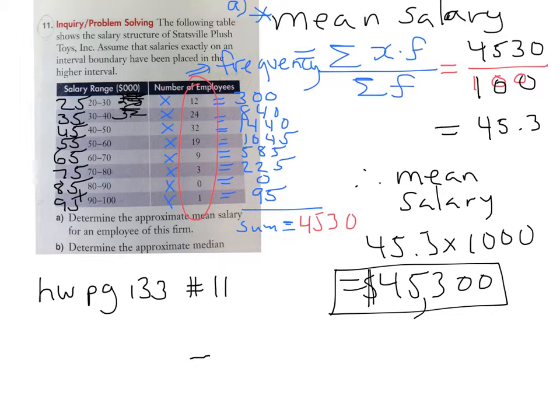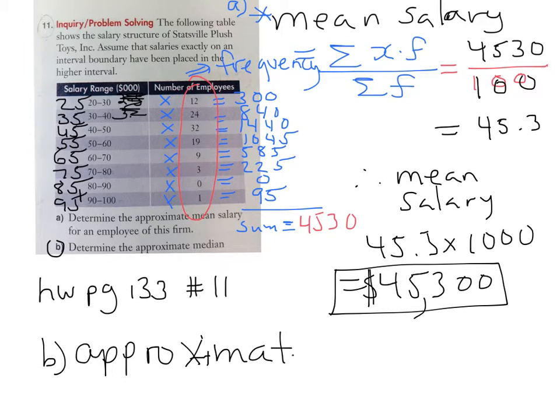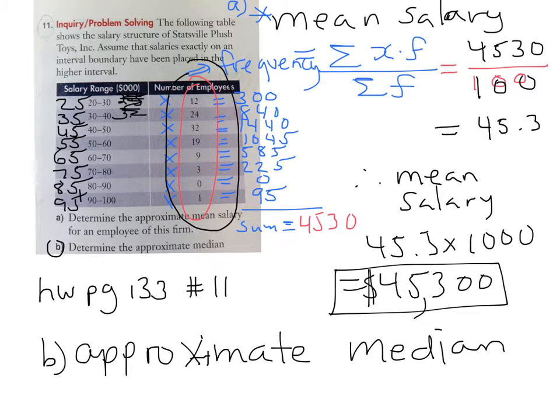Now let's move on to part B. Determine the approximate median. Okay, the median is the middle number. And you can obtain the median from the frequency column. So you're going to use this frequency column to calculate the median.